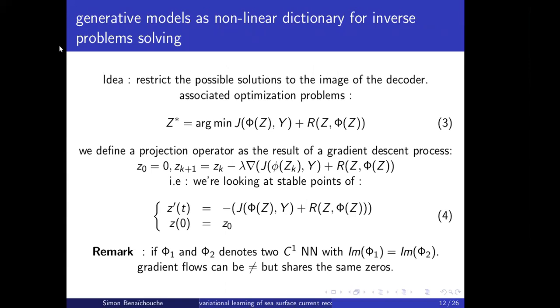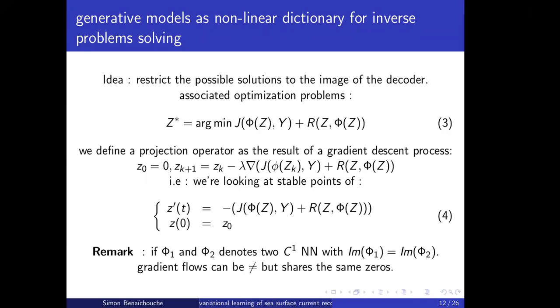As I was saying, we'll only explore the latent space. We restrict to a low-dimensional space to find representatives that can well explain our observations. So typically we will solve a gradient flow on that latent space. And one of the questions will be: is it dependent on the training?